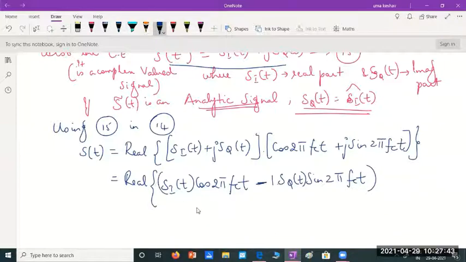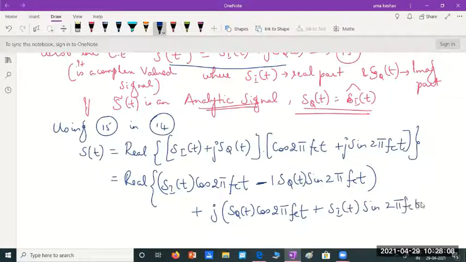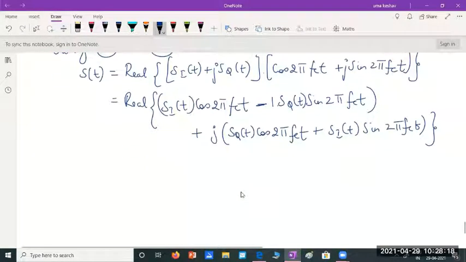Next I'll have the imaginary part: plus j into Sq of t cos 2 pi fct plus j into Si of t sin 2 pi fct. This will be the complete product of these two signals. Yes or no?